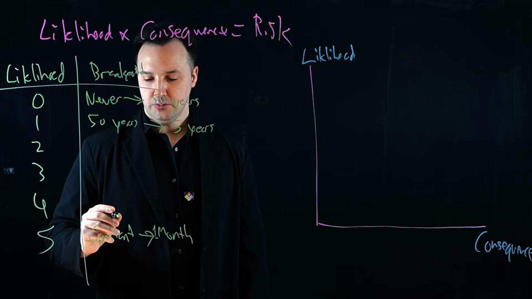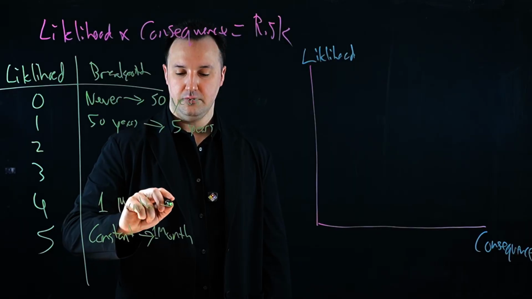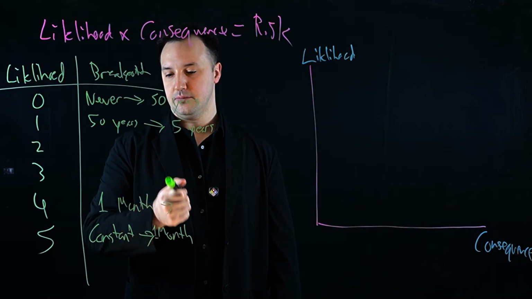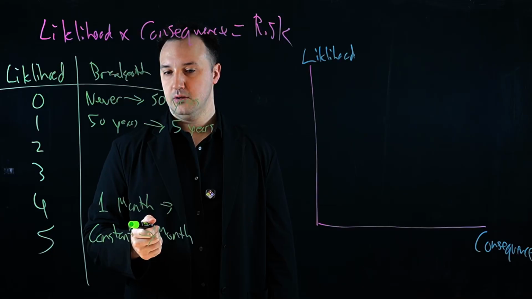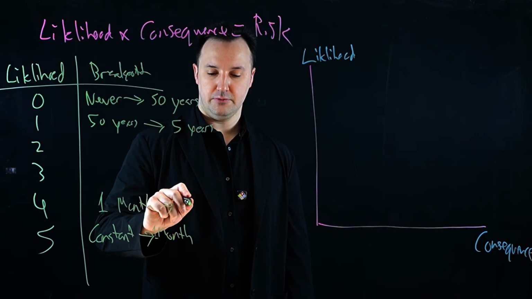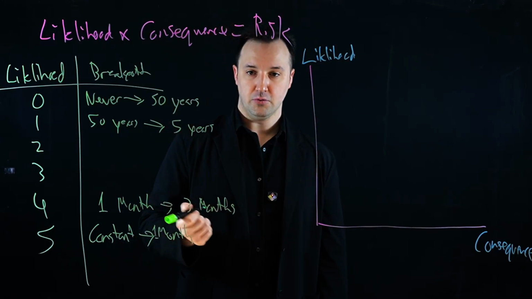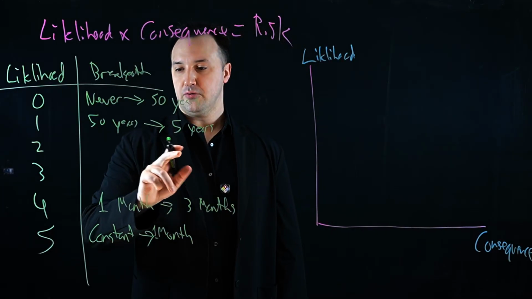So 4 would be 1 month to once a quarter, probably. Yeah, so for 1 month to 3 months. A lot of businesses are quarterly, so this makes sense for a lot of people.